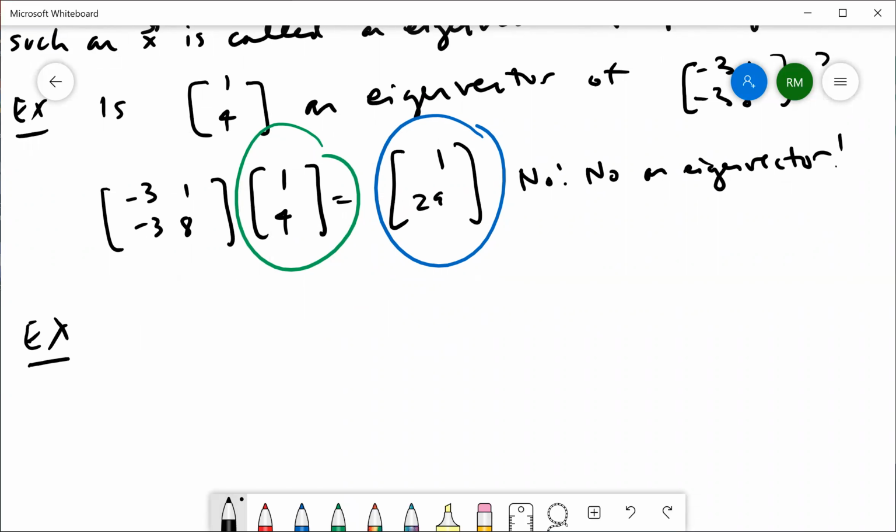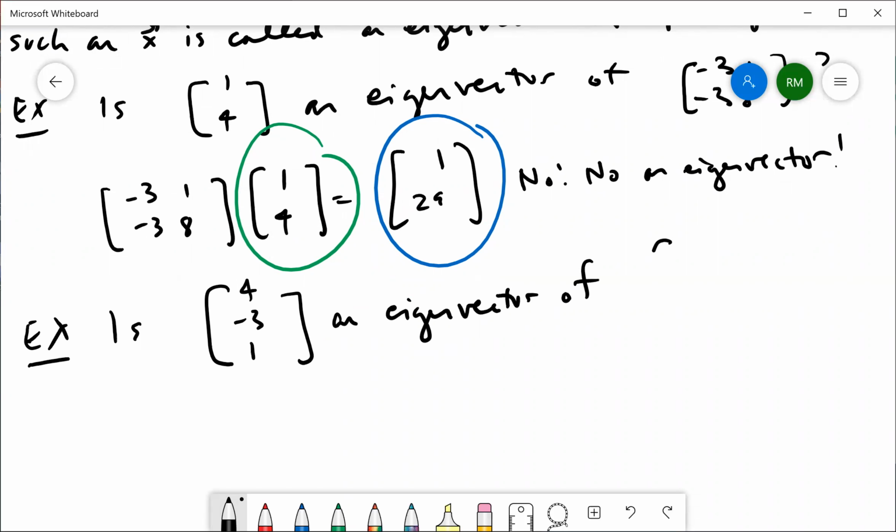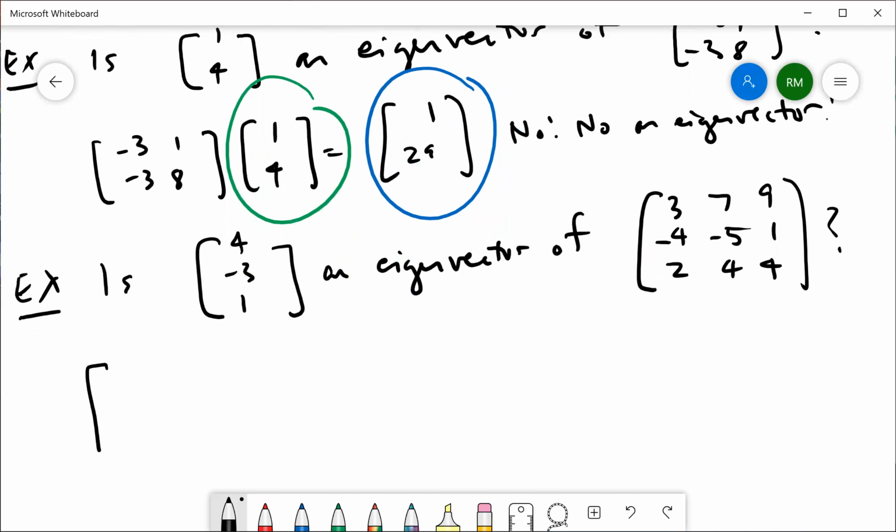Let's try a different example. Is this vector an eigenvector of this matrix? I want you to try this one in your notes before I show you the answer. Okay, now you've had a chance. Let's multiply it out and see what happens.